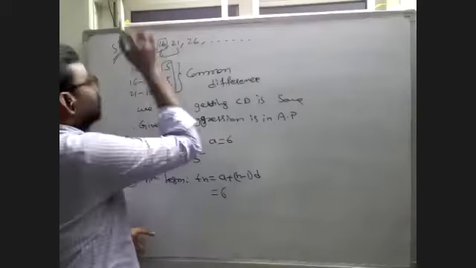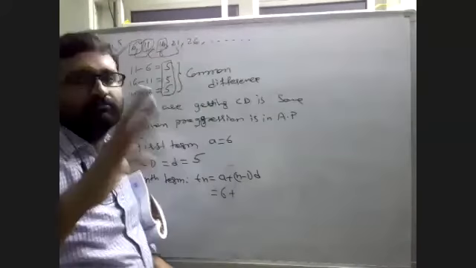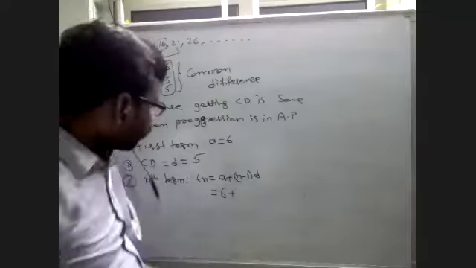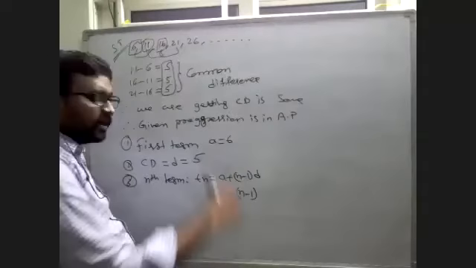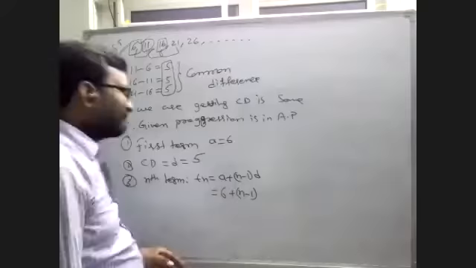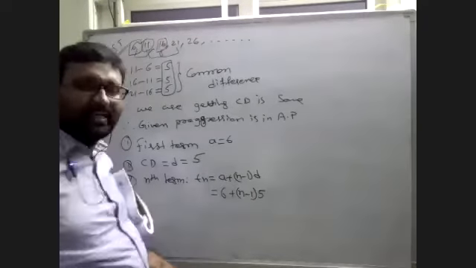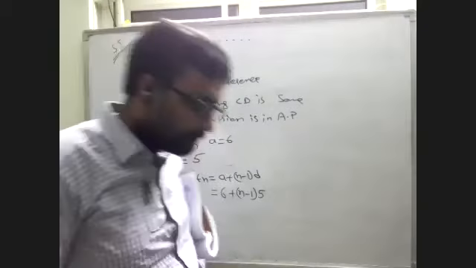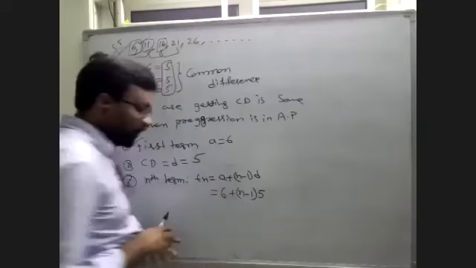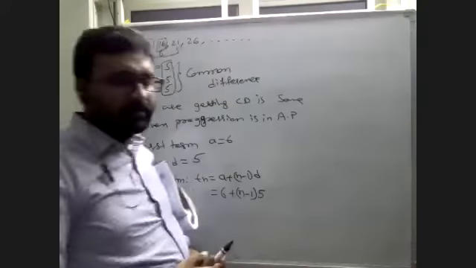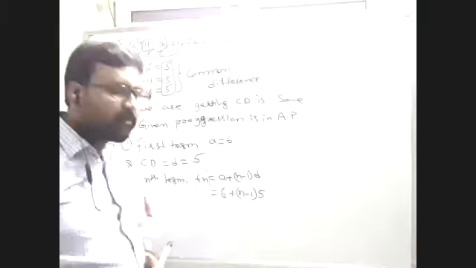Plus, what is the value of n? Is there an n value? No, sir. So n minus 1 stays as it is. What is the value of d? 5, sir. What is the meaning of d? Common difference. What is the meaning of a? First term, sir. Now the meaning of this is what?